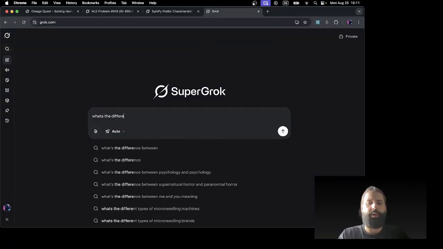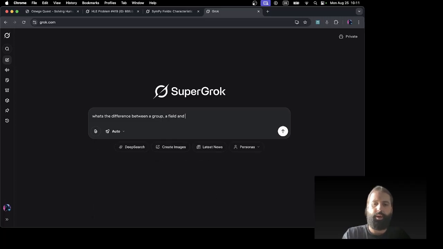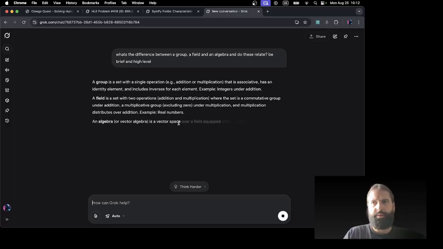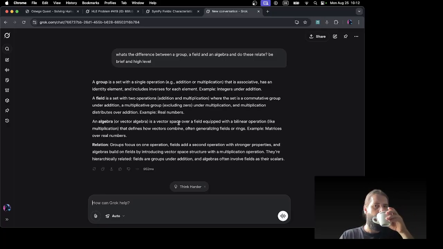What's the difference between a group, a field, and an algebra? And how do they relate? Be brief and high level. So a group is a set with a single operation. A field is a set with two operations, addition and multiplication.